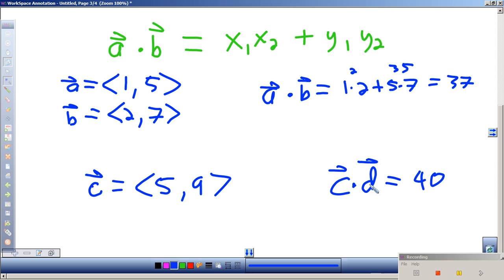Could you tell me what vector D was? Could be or must be. Okay? So can you tell me what it must be?